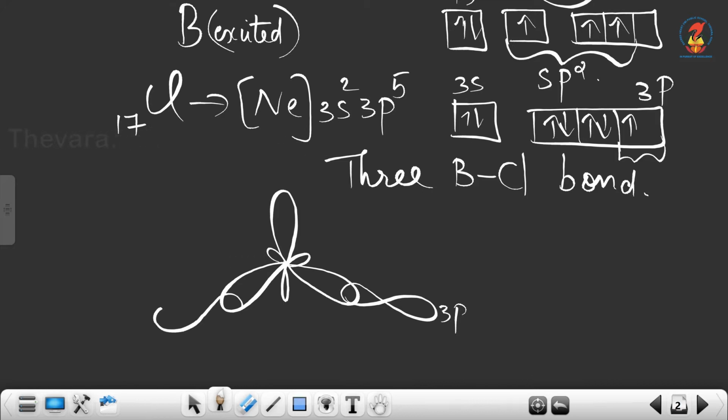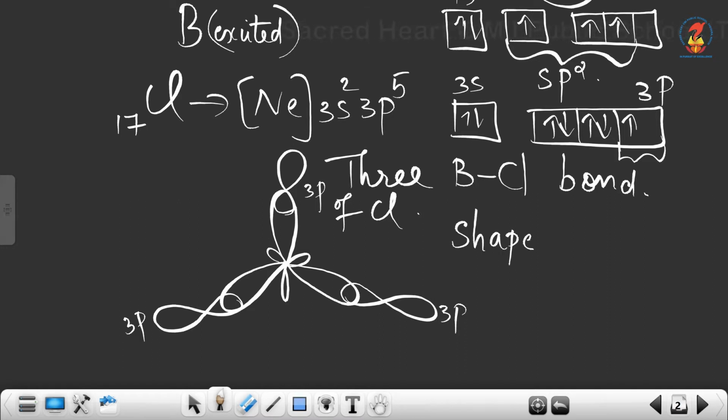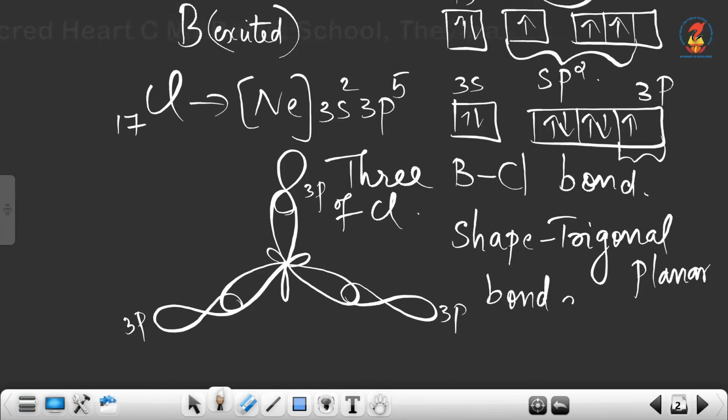Now this will overlap with the 3p orbital of another chlorine, and this will also overlap with the 3p orbital of a chlorine. So this is the 3p of chlorine. The shape of this molecule is trigonal planar and the bond angle is 120 degrees.